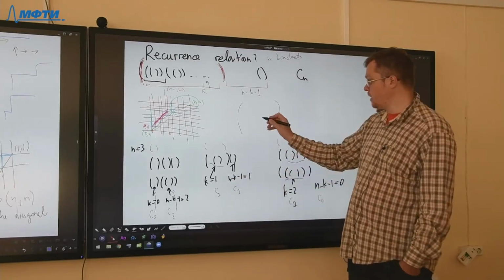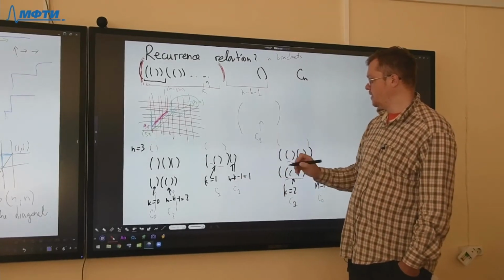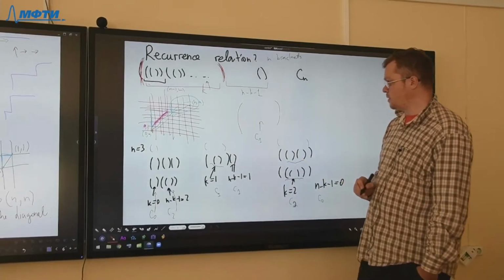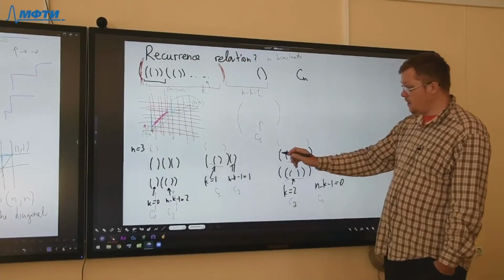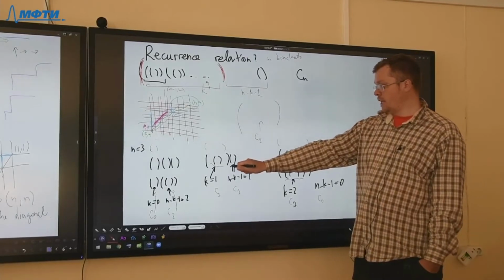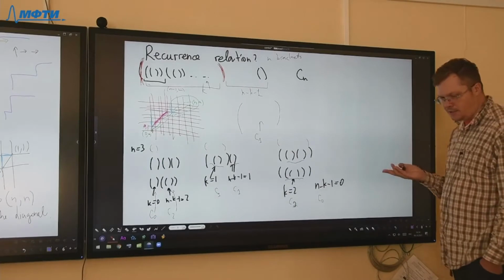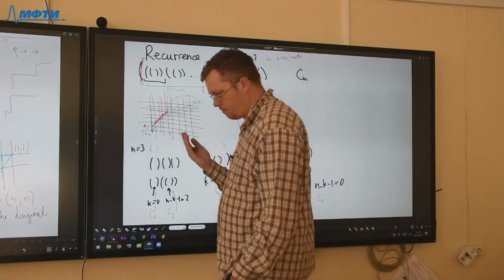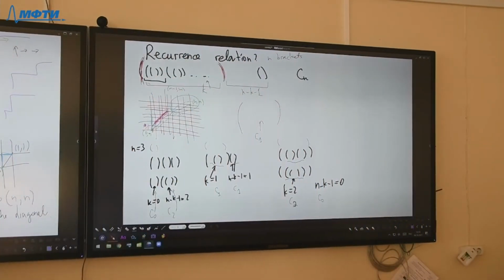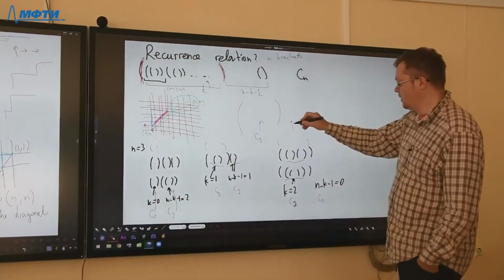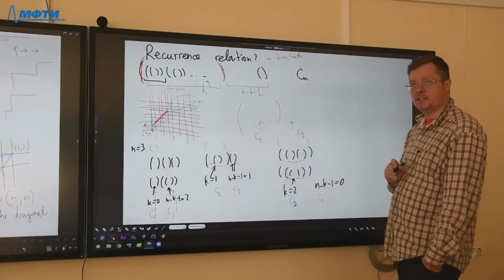So here I have this C1 number of such positioning of brackets. And outside I will have again the two brackets with the correct sequences of two brackets. So I have again C1 here. Okay?